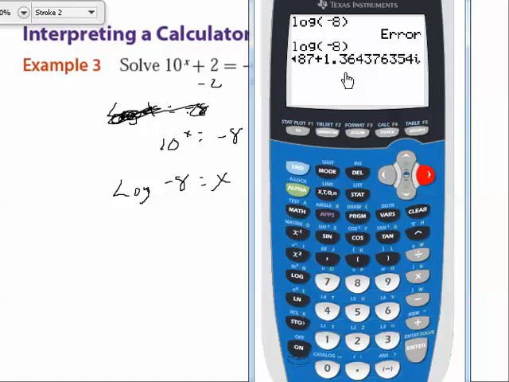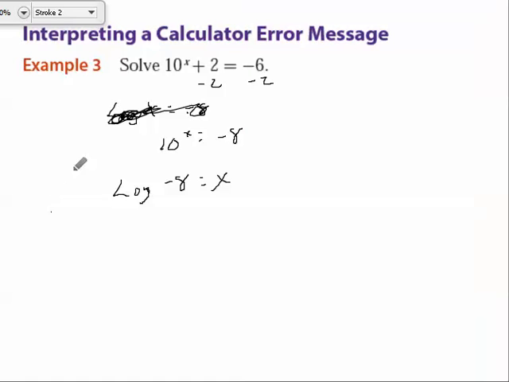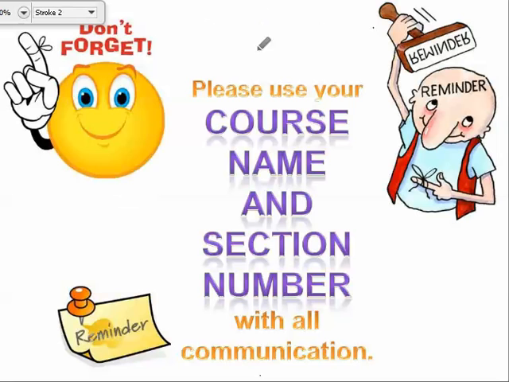This is the non-real, the complex answer that we're looking for. And it is possible to get it on the calculator. You just have to recognize when you get that error message that you need to go look at non-real answers.